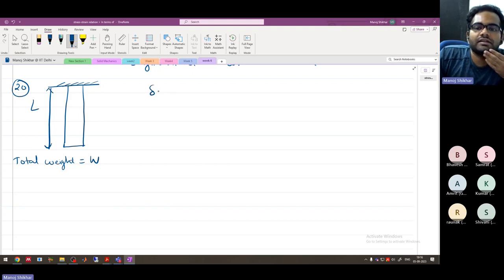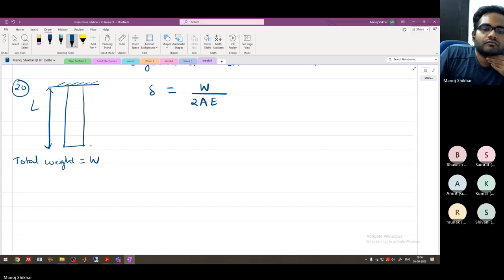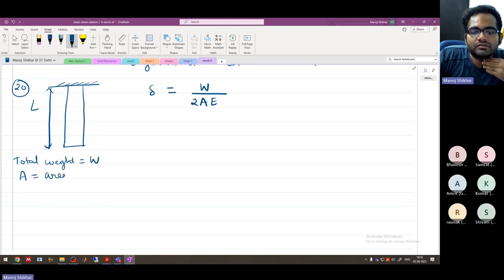So delta is given by W by 2A, where A is the area of cross section.